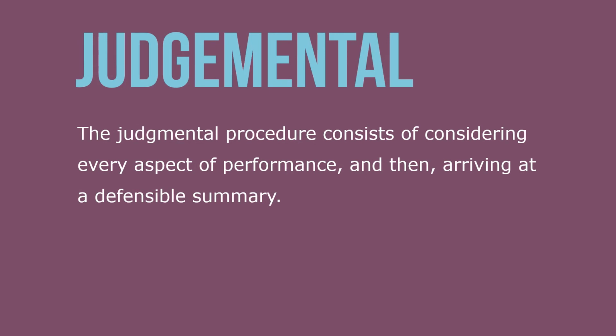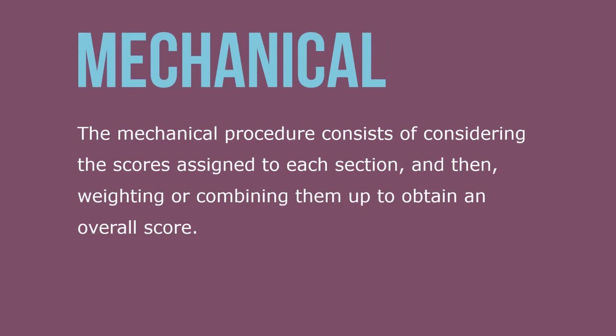Two main strategies are used to obtain an overall performance score for each employee: judgmental and mechanical. The judgmental procedure consists of considering each aspect of performance and then arriving at a defensible summary. The holistic approach relies on the ability of the rater to arrive at a fair, accurate overall score.